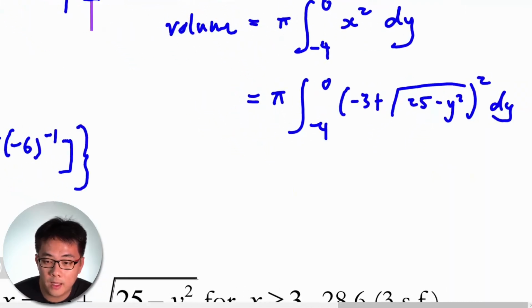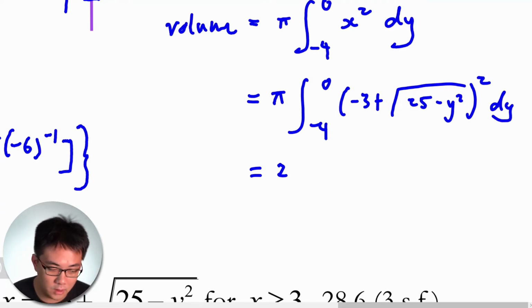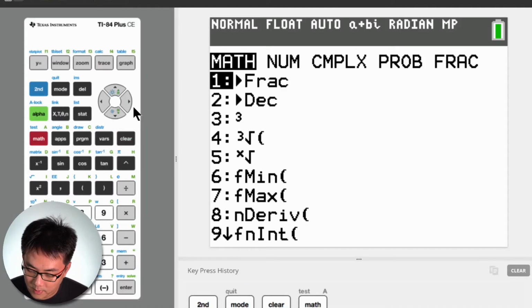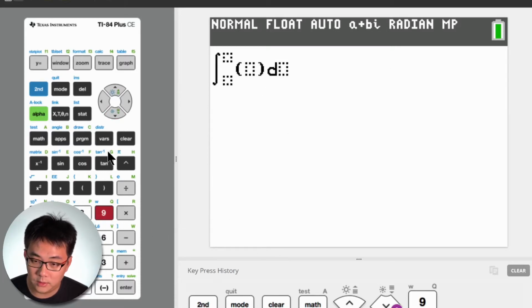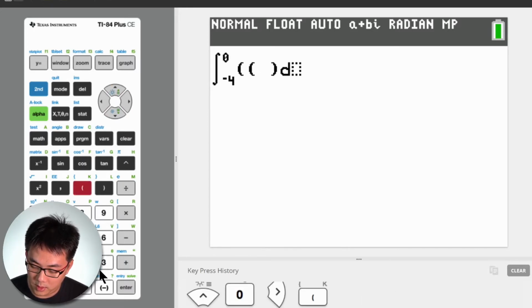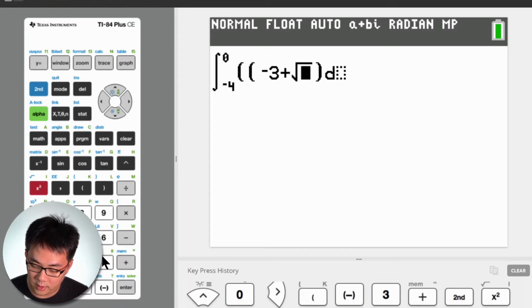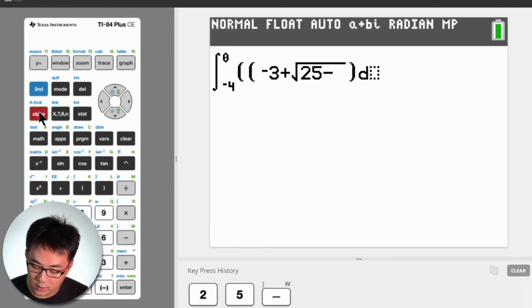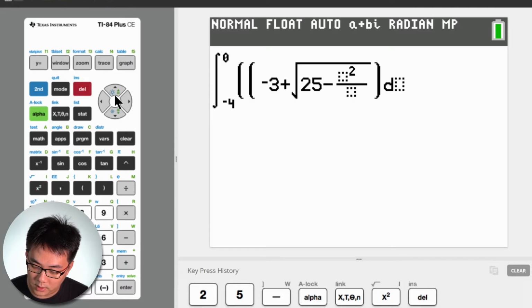Key in calculator. You can key in the calculator and check the answer. Key in math integral, number 9, and you key in negative 4, 0, and the expression there. But obviously you have a pi in front, so I'll multiply by pi later. So the square root of 25 minus y squared. If you want y or x, it doesn't matter, I'll just use x.